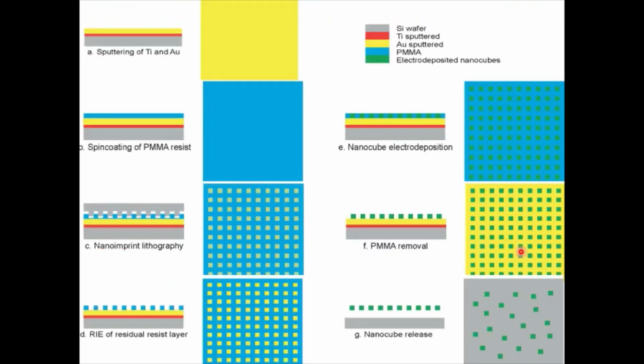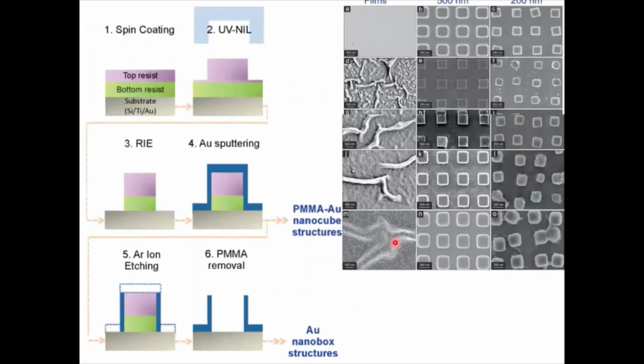And also, as I said, reactive electrodes, you can have different electrodes, polymeric or metallic. This is one such electrode which was made using sputtered titanium and gold, as well as PMMA, and finally gold nanocubes have been electrodeposited for some application in the electronics industry.